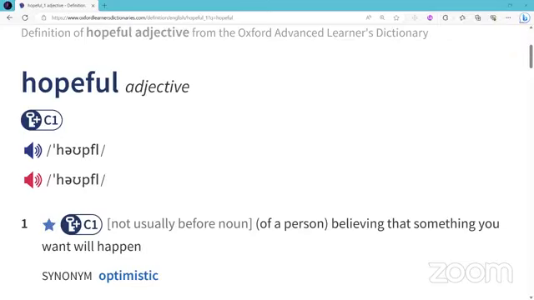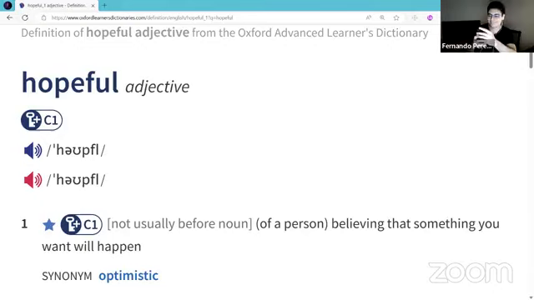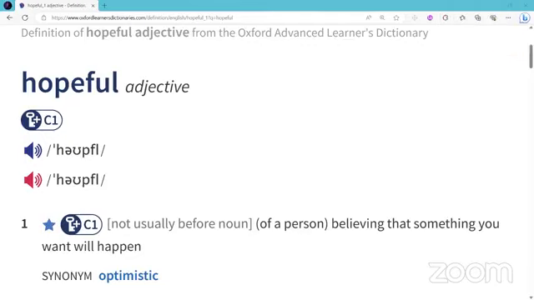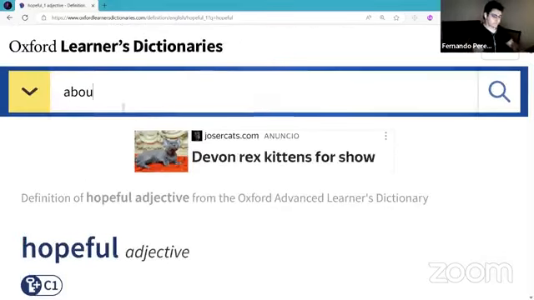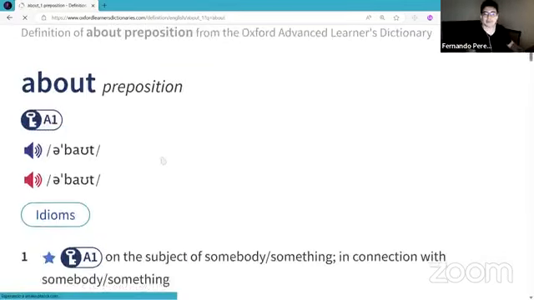About preposition or about adverb? About preposition. Okay. Oh, it doesn't exist. No. Then I help you here. About as a preposition.